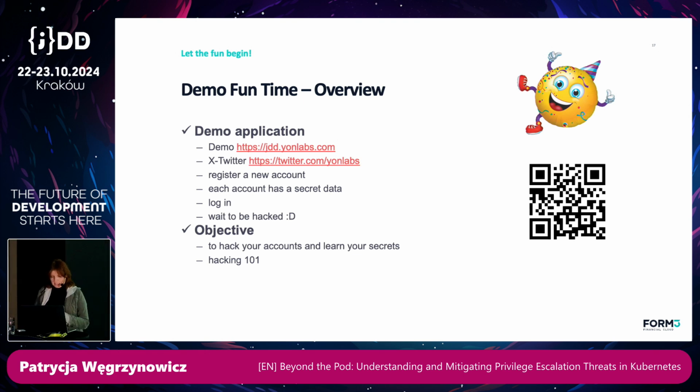I will give you some time to scan the QR code. As you will see, this is a simple web-based application. We will take a look at the details. If you want to access the link, it's also available on my X or Twitter account, YonLabs.